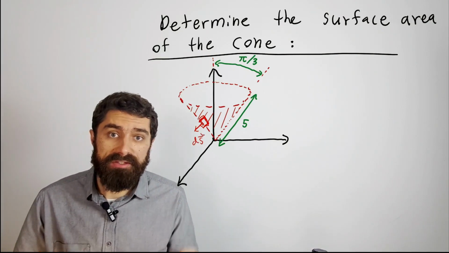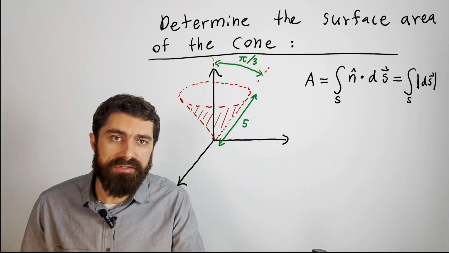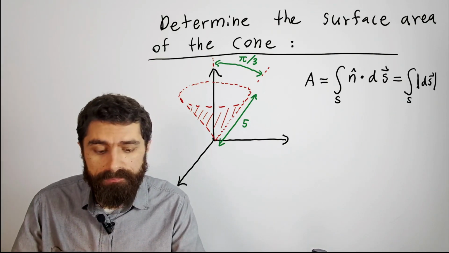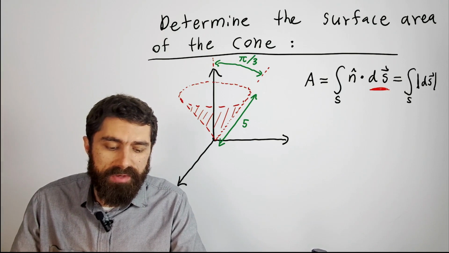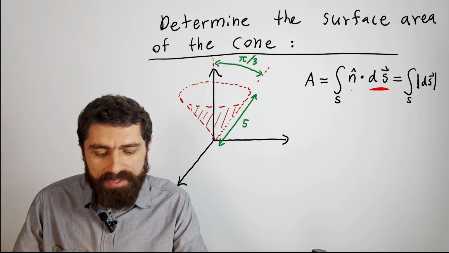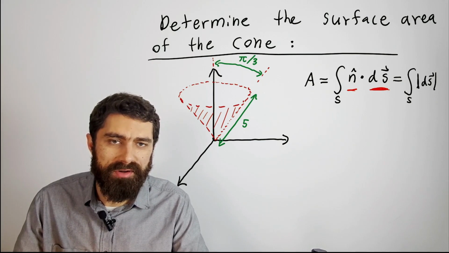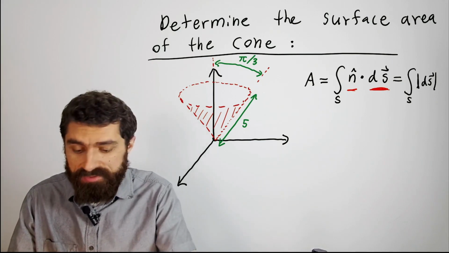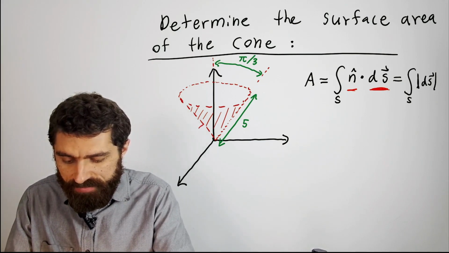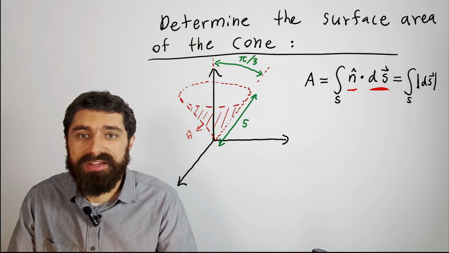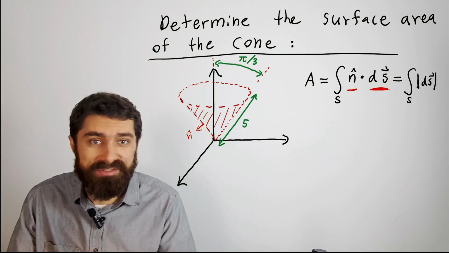And to find the total area, we just need to do this integration here. So if we have our ds vector here, we can dot it with our unit normal vector to the surface. This n hat is a vector that's normal to the surface and it has a magnitude of 1 because it's a unit vector.